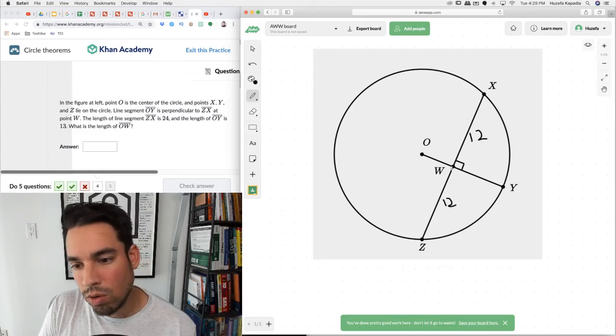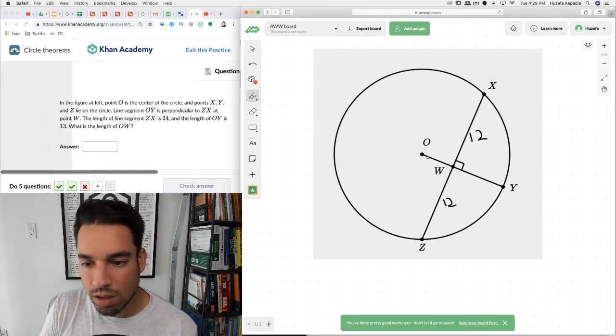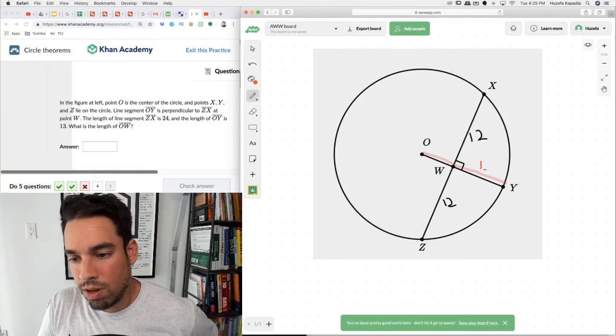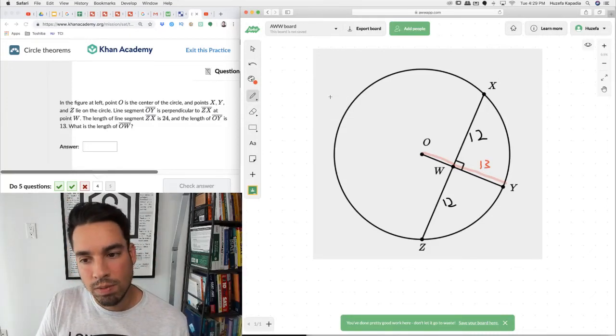What is the length of OW? So we know this whole thing is 13. Now we're definitely not getting this one wrong because it's a similar principle as the last one. So we know that OY is 13, and we want to find OW. We can make some pretty nice things here.